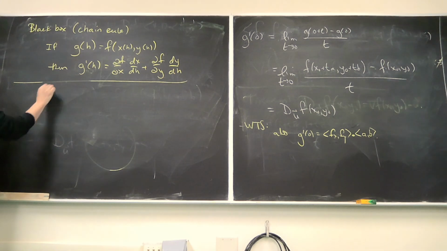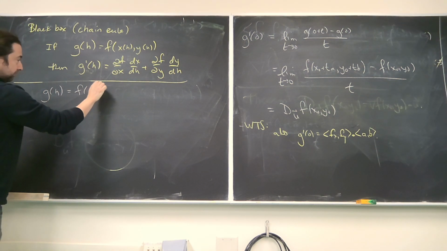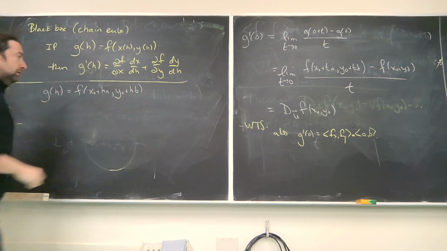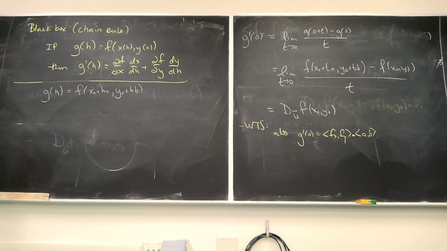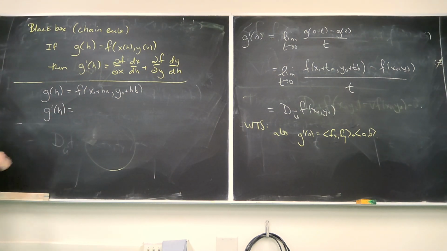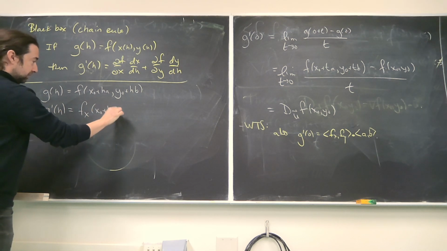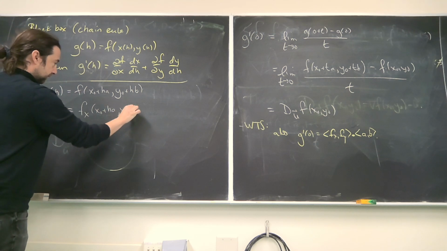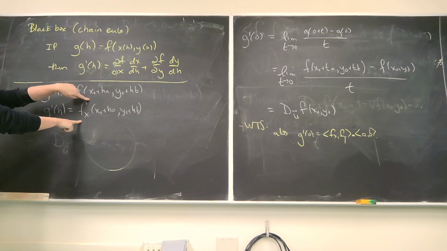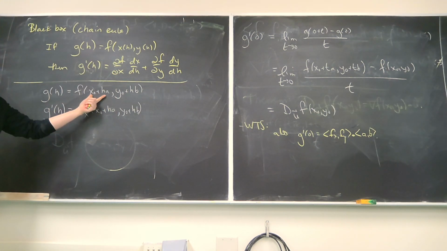If g of h is equal to f of x naught plus ha, comma y naught plus hb, then the chain rule says that g prime of h should be equal to fx at x naught plus ha, y naught plus hb. That's the derivative of f with respect to x, times dx dh. What's the derivative of this with respect to h?